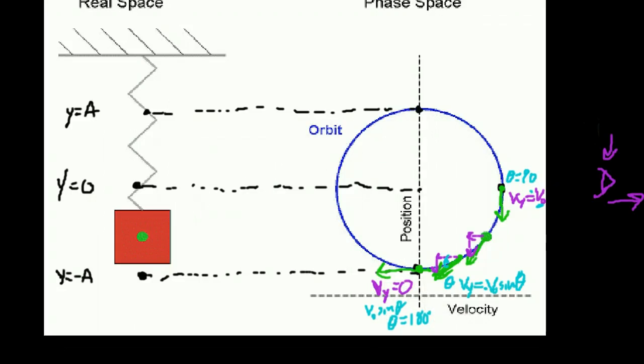We can also play a similar game with the positions. If I just look at the dot when it's up here, let's do something a little bit fun. Red. We'll go with red. So I've got this red dot, and it is a particular distance a away from the center of the circle, so that's also r, and that matches up with our maximum amplitude here.